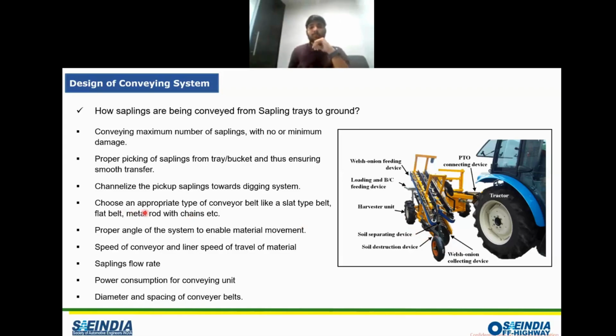Then choosing an appropriate conveyor belt. When you are talking about saplings, which are 10 to 15 centimeters in height, if they are damaged, it will be a challenge. So a proper kind of conveyor along with a proper angle needs to be maintained, so that there will be no damage.